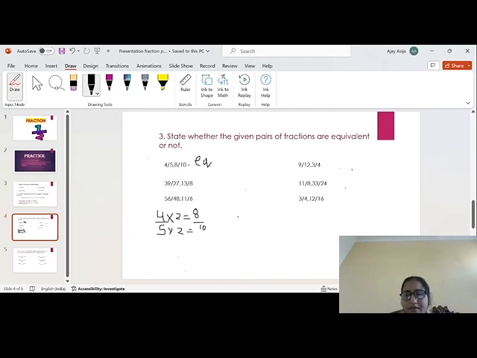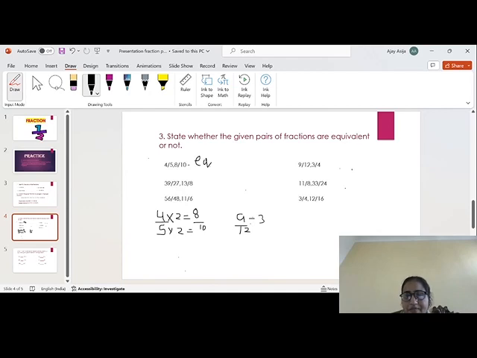Second part, let us write 9 by 12. Here we do division. So we will find the number such that if 9 is divided by that number, we will find 3. So what will be that number?